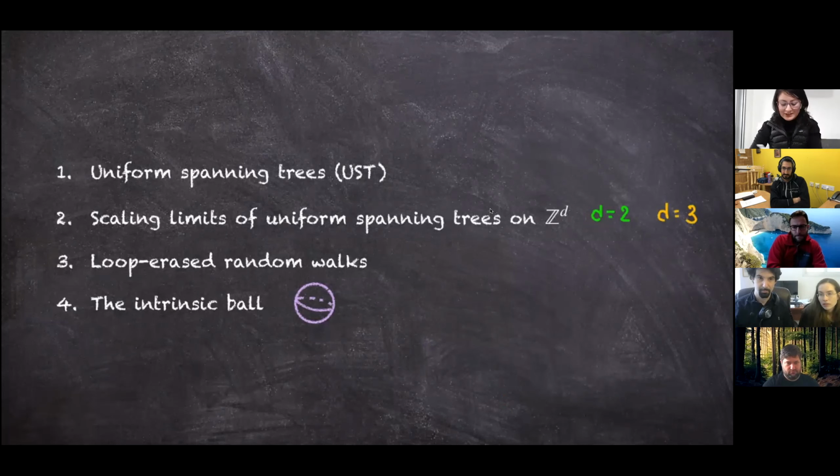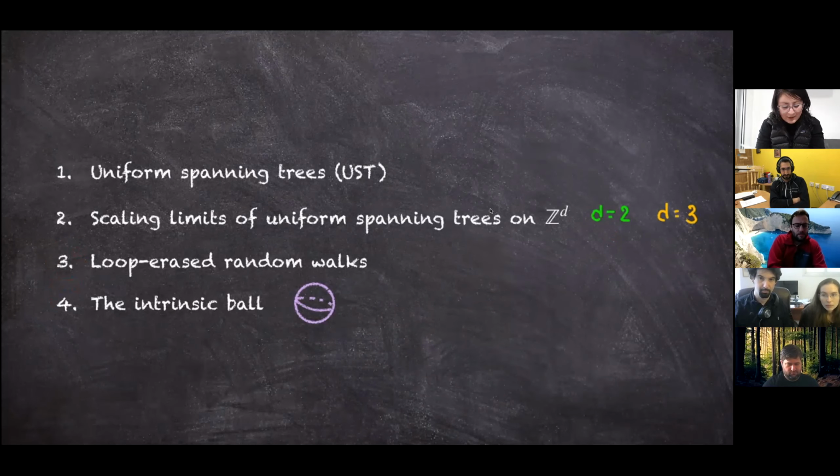In dimension 2, we understand the scaling limits better, so it serves as a comparison of how much we aspire to understand. And of course, our main tool to understand these scaling limits are loop-erased random walks. So we are going to talk about that, the connection through Wilson's algorithm, and mostly the properties of loop-erased random walks that allow us to study scaling limits.